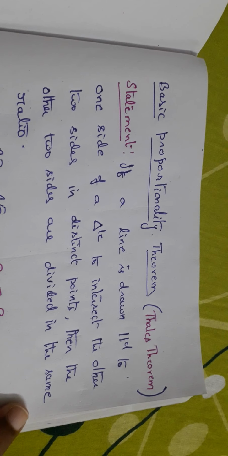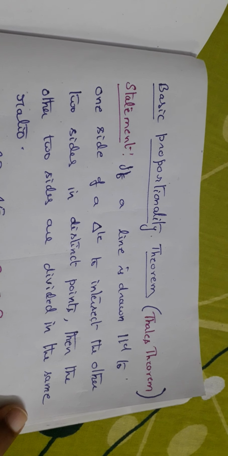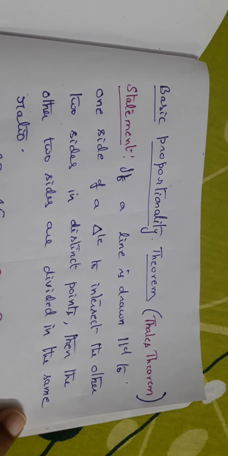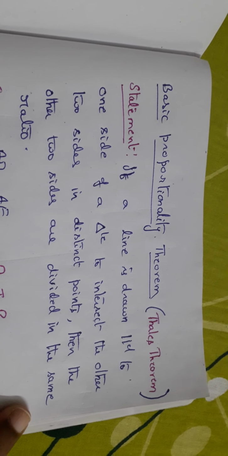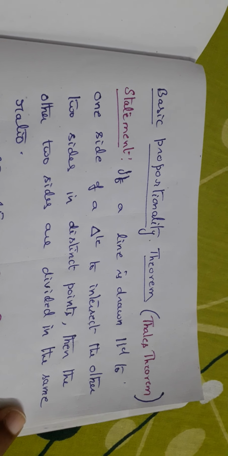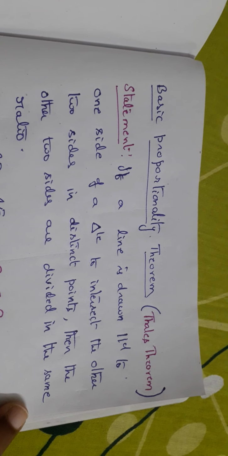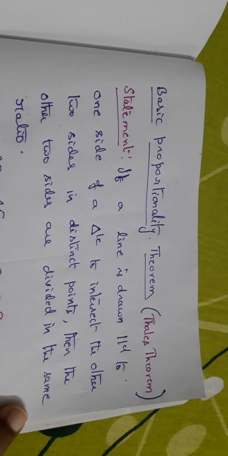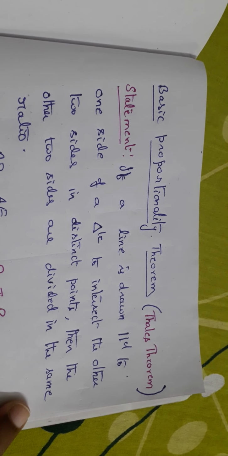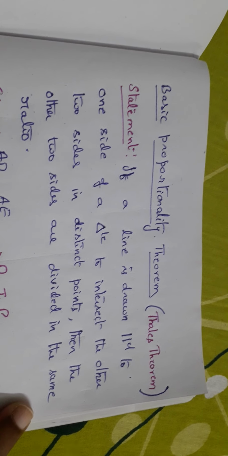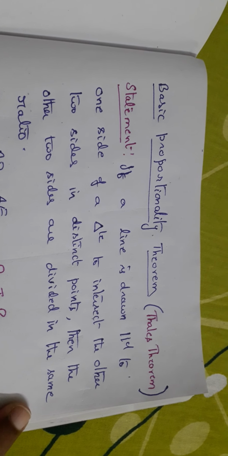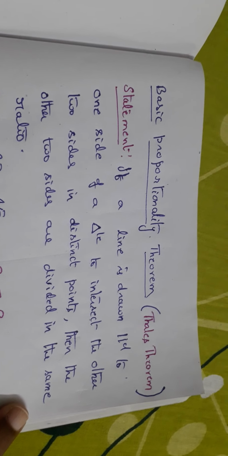If a line is drawn parallel to one side of a triangle. So you imagine in your brain a triangle. And now draw a line parallel to any one side of the triangle in such a manner that the line should touch the other two sides at two different points. Clear? Right.